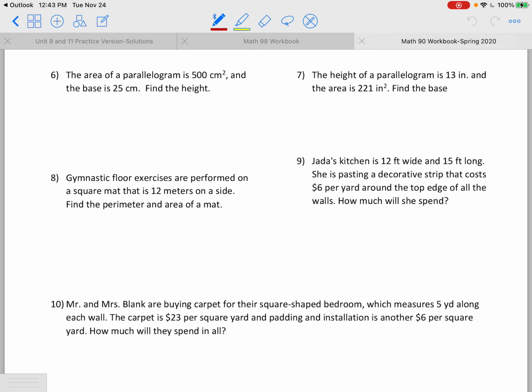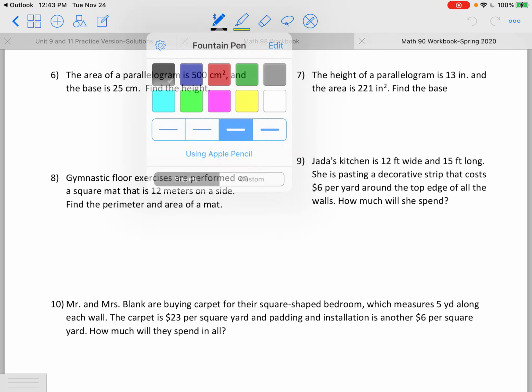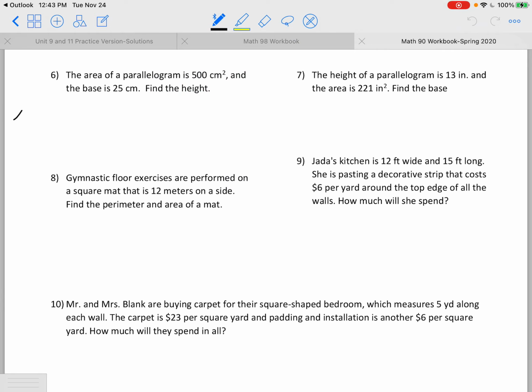Okay, let's talk about parallelograms here. All right, so here we have parallelogram. We don't have a drawing of that. Like I said a little bit earlier, it's always a good idea to draw yourself a diagram or a little sketch if you can.